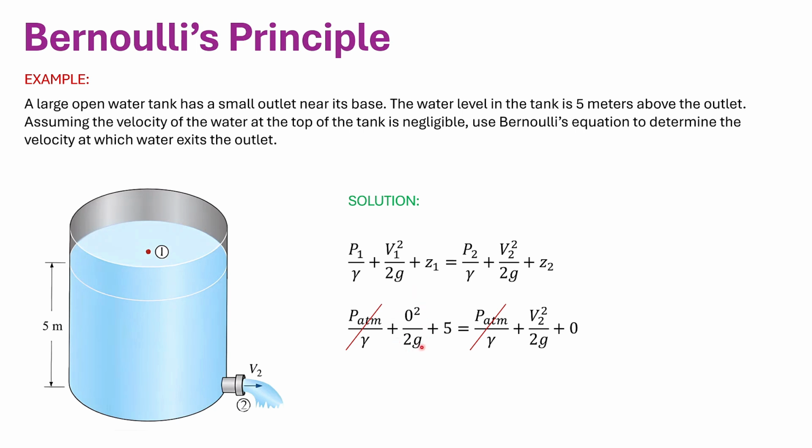So this term, or basically this fraction, also becomes 0. Z2 is also 0 because it's at the very bottom of the tank. So what we get is only this fraction and this number here. So if we solve it for V2, we get V2 equals 9.9 meters per second.